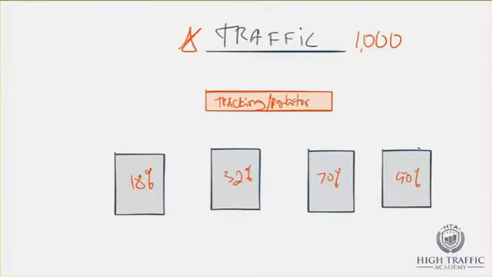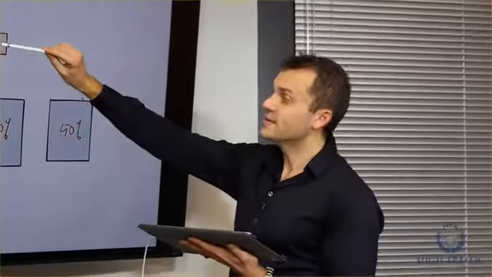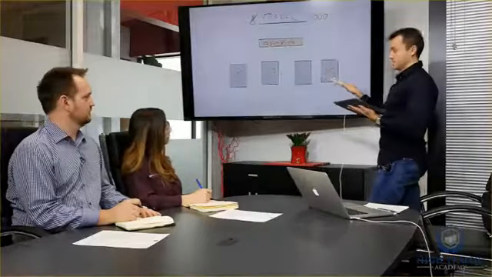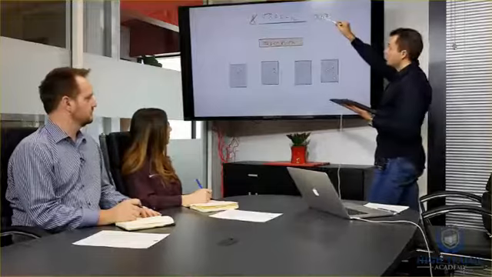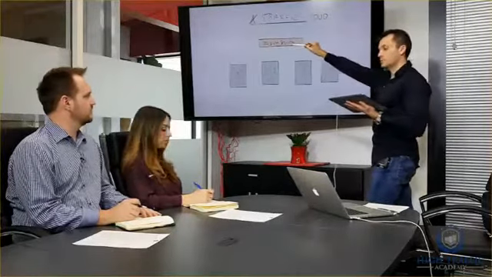So my 1,000 visitors go to a single link. Each one of these pages has its own unique link, right? I want all of these 1,000 people to hit this one link, which is my tracking and rotator link.